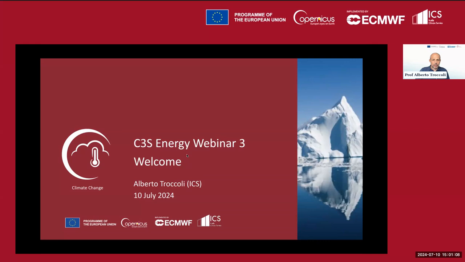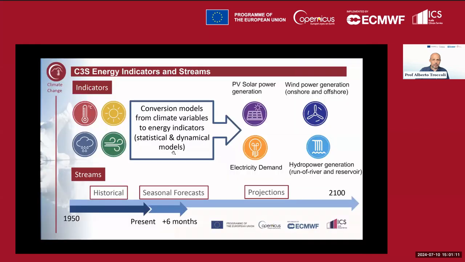And I'd like to just provide a brief introduction about the C3S energy service. Just a brief overview. We'll go into more detail a little later. Just to tell you what the service is about. So the service is about providing indicators for climate and energy at different scales, which we'll see below. The indicators are temperature, solar radiation, precipitation, and wind speed.